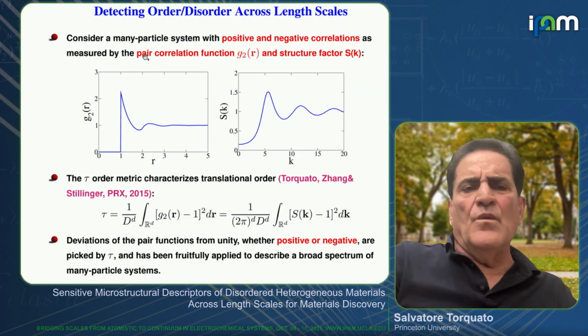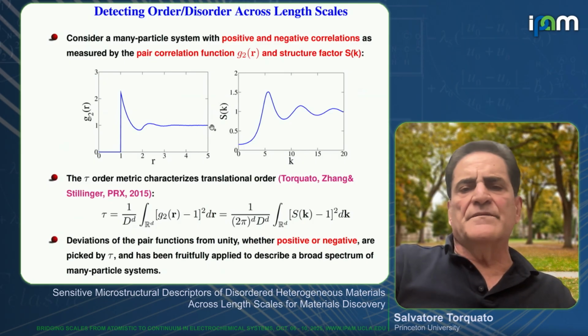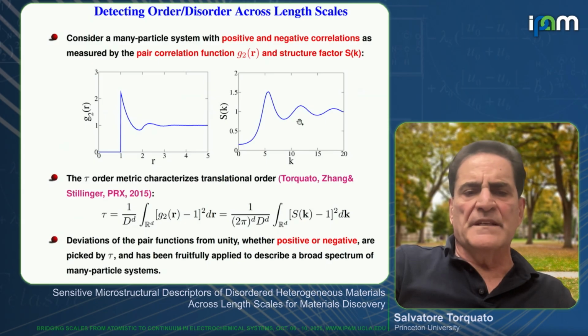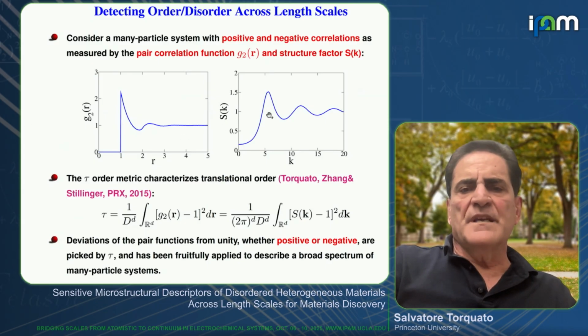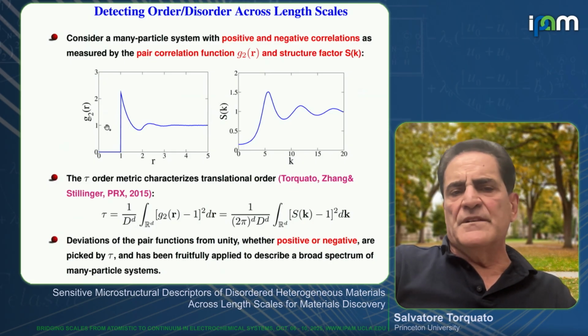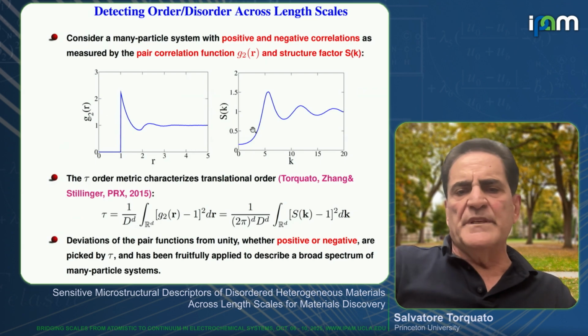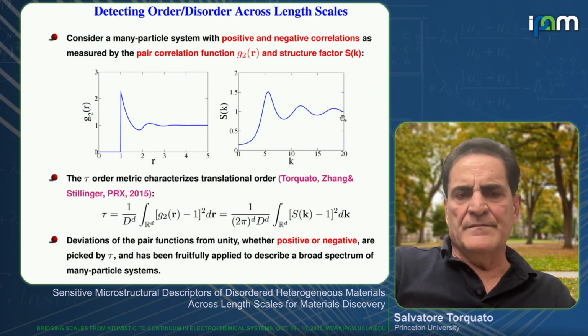Okay, so one example of an attempt to do this is when you have a particle system, and here I'm showing a pair correlation function and the corresponding structure factor. You can see wiggles in these functions. If it was perfectly disordered, this function would be 1 for all r. This would be 1 for all k.